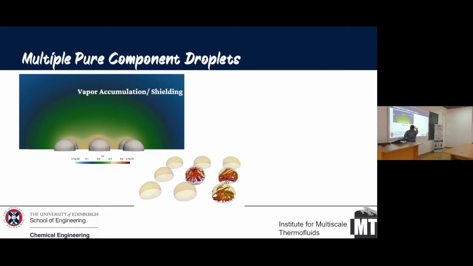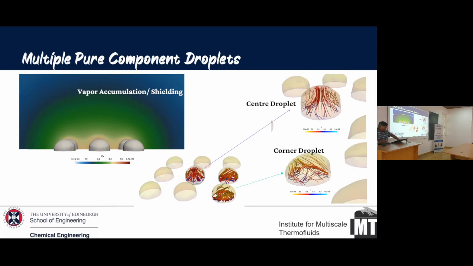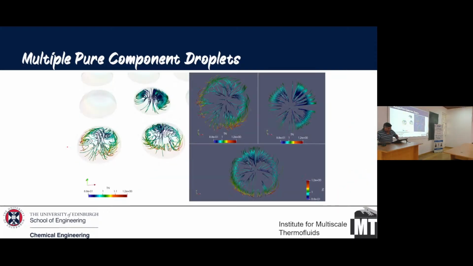If you look at this one very carefully, you will see that it's quite symmetric. The way the convection currents happen within the droplet is quite symmetric. But in the corner droplets, you've got a lot of asymmetry going on. In fact, I'm going to show you another image where it looks like this.